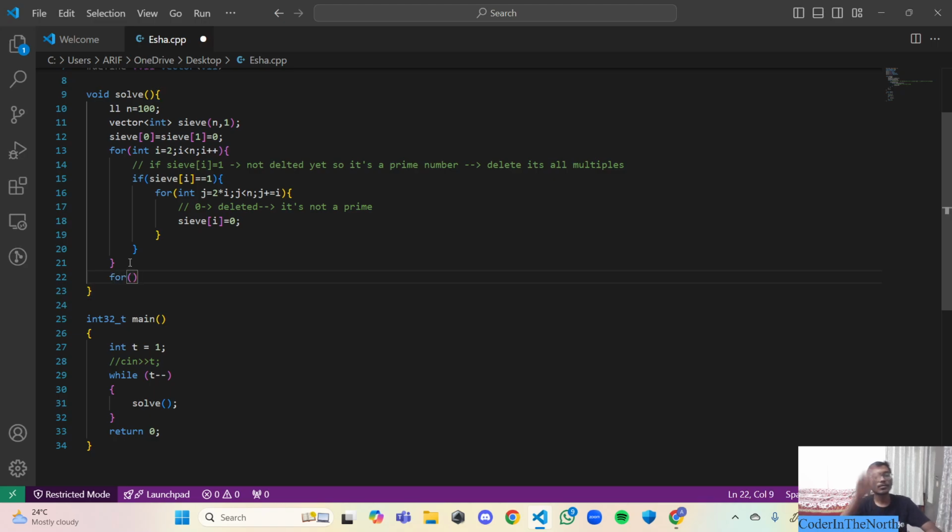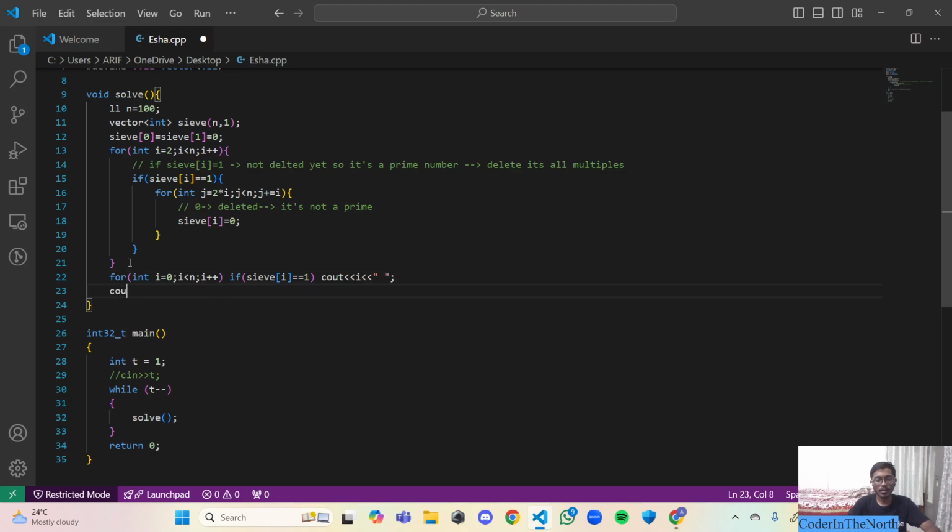Okay, so now we have to see whether we got the right answer. We'll go from 0 to n. If the value is 1, we'll print it out. Okay, if sieve of I is 1, it means that I is prime, so we have to print I. Let's see.